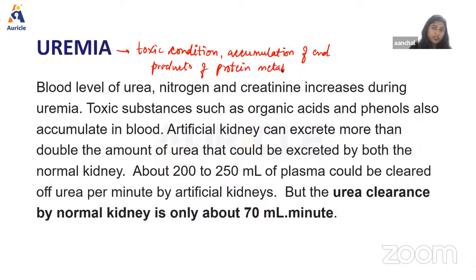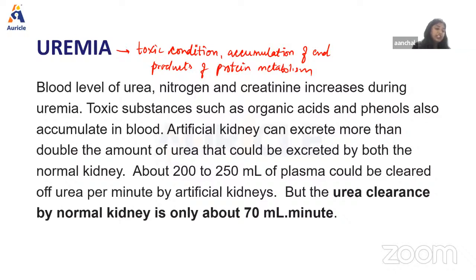And what are those products? Like urea, nitrogen, and creatinine in blood. There is also accumulation of other toxic substances, like some organic acids and phenols. The blood levels of urea, nitrogen, and creatinine increase during uremia, and toxic substances such as organic acids and phenols also accumulate in the blood.